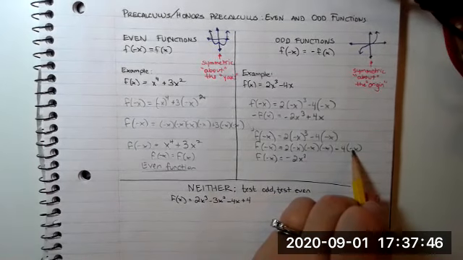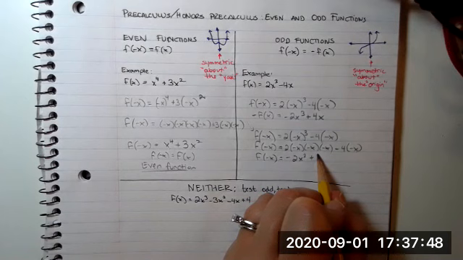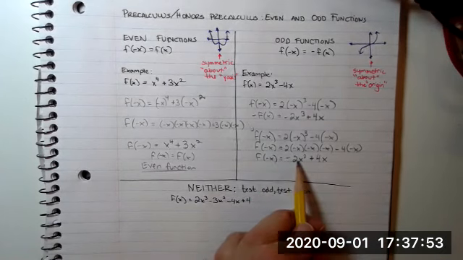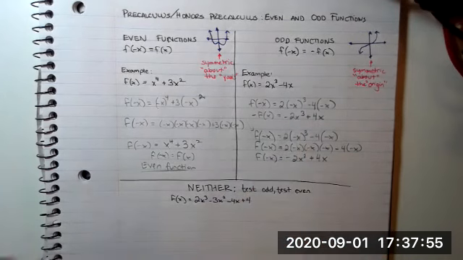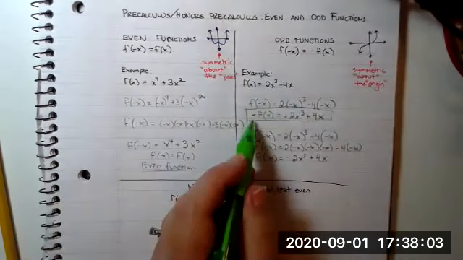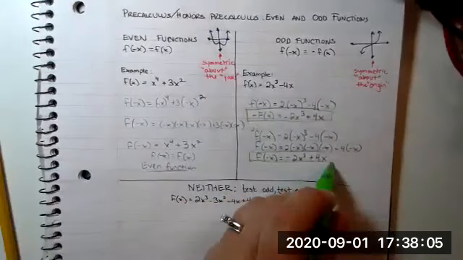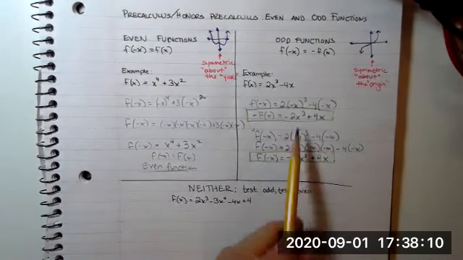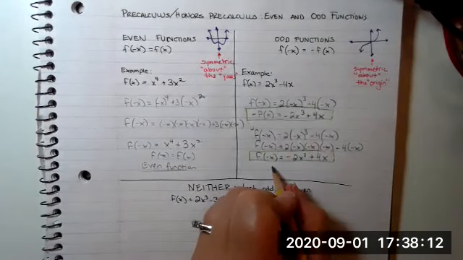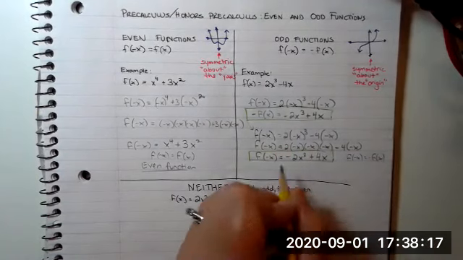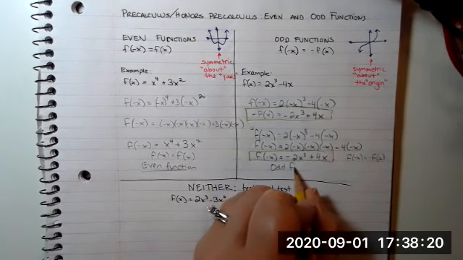And then negative 4 times negative x will be positive 4x. So because this is equal to this, and let me get a different color just to emphasize that, this was negative f of x, this is f of negative x, and they are in fact equal to one another. Because f of negative x is equal to negative f of x, this is an odd function.